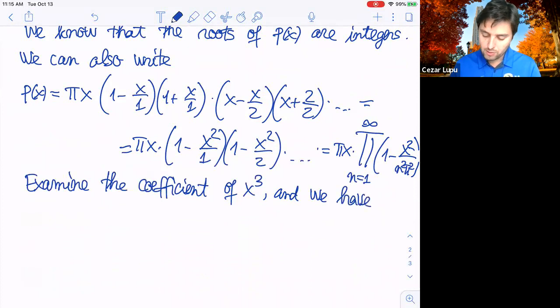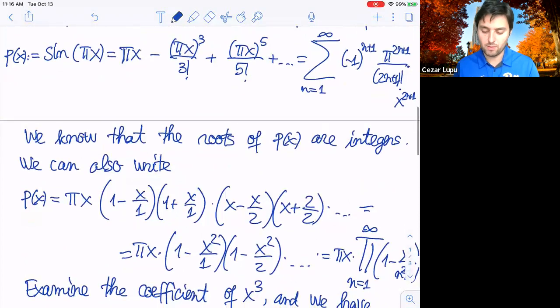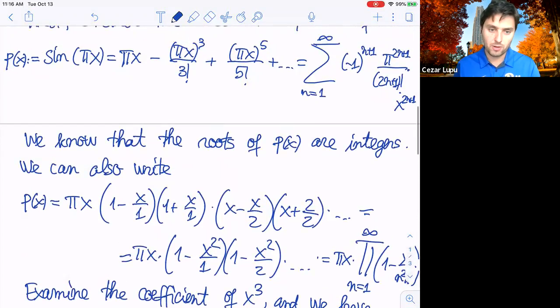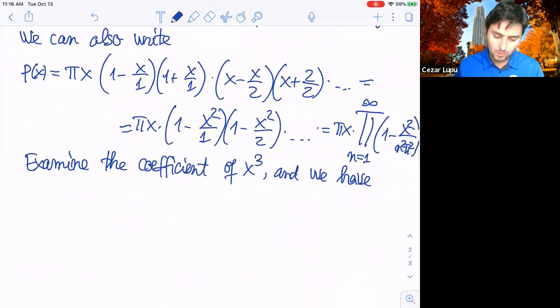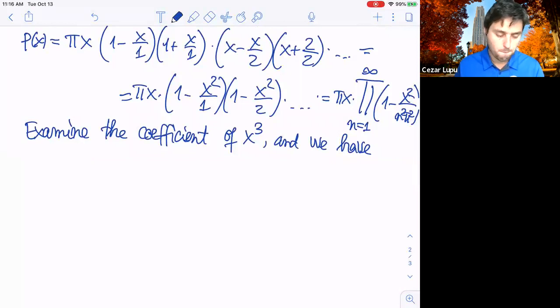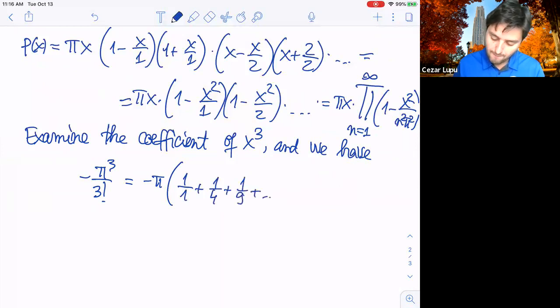Once we do this, in both the product formula and in the Maclaurin expansion, you'll get that negative pi cubed over 3 factorial is equal to negative pi times (1 over 1 plus 1 over 4 plus 1 over 9 and so on), right?